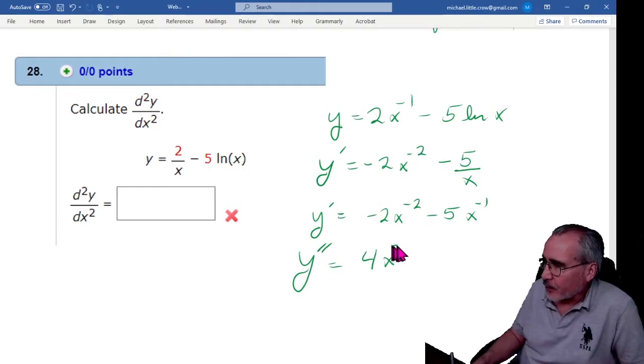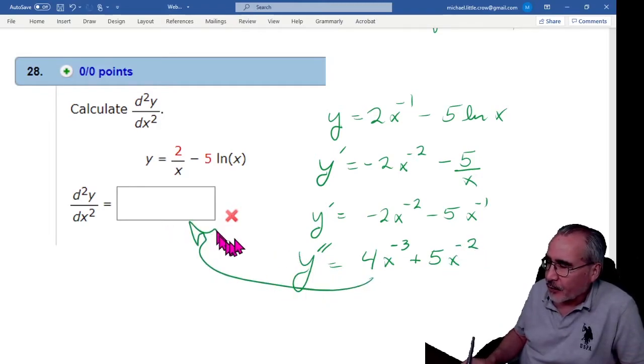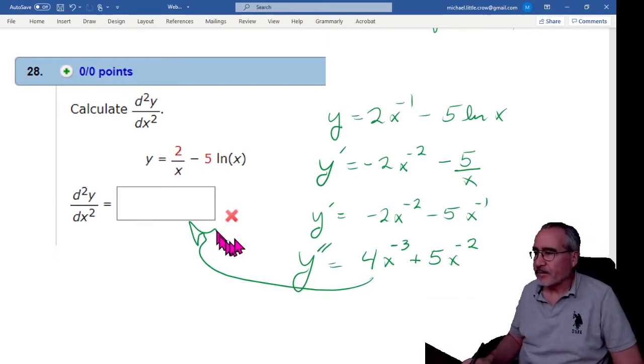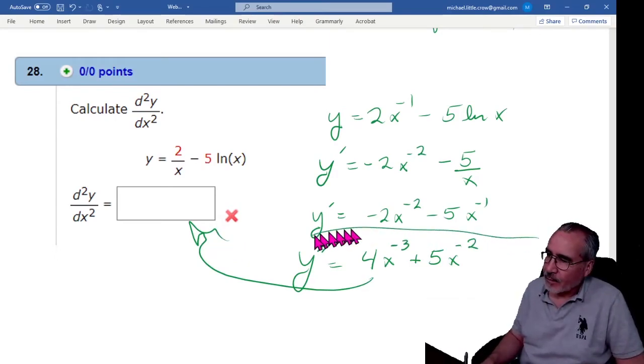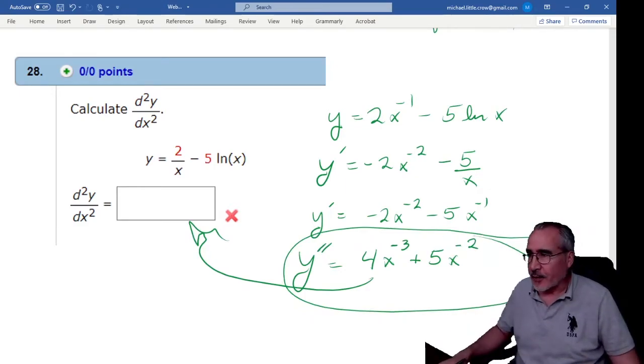Subtract 1 from the exponent, we get negative 3. Here, bring the negative 1 down, so negative times a negative is positive 5. x, subtract 1 from the exponent, is negative 2. So that's the function that goes there. Nothing much more to do with that one.